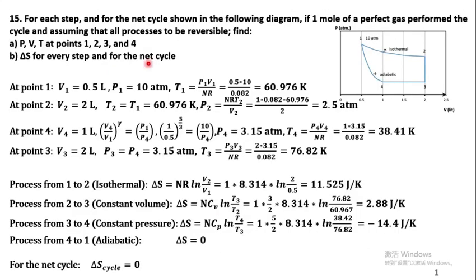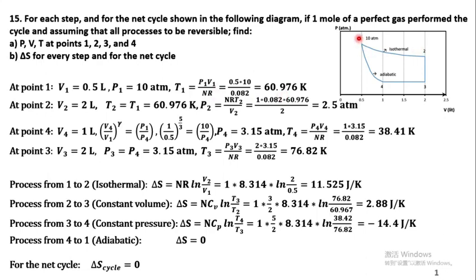And for the next question, this is also a perfect Carnot cycle calculation question. From this picture, we have point 1, with V1, P1, and from this equation we have T1.